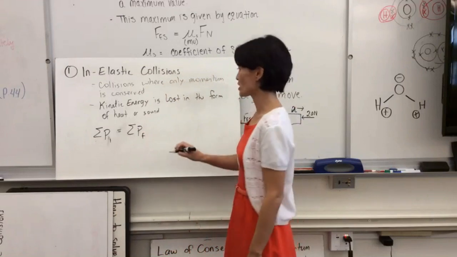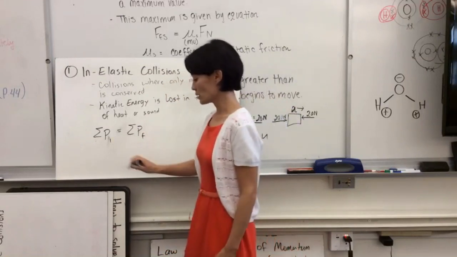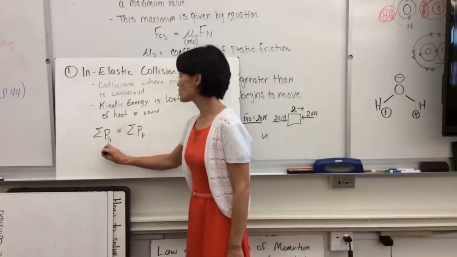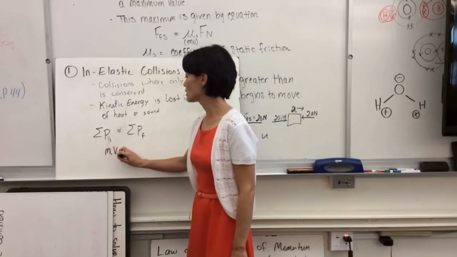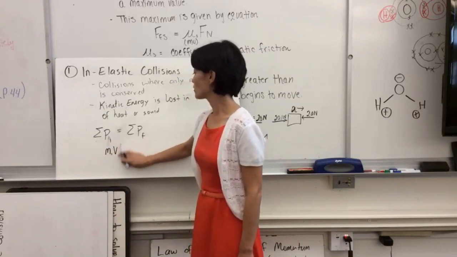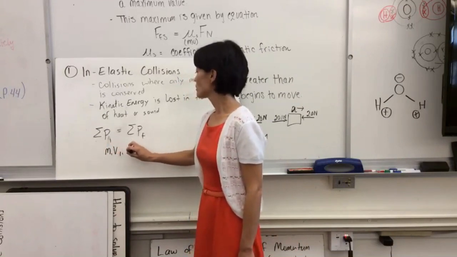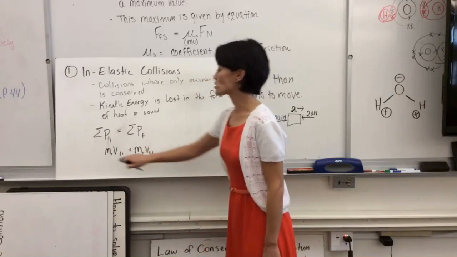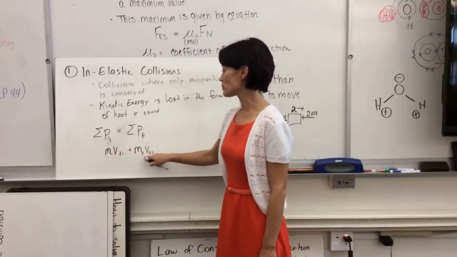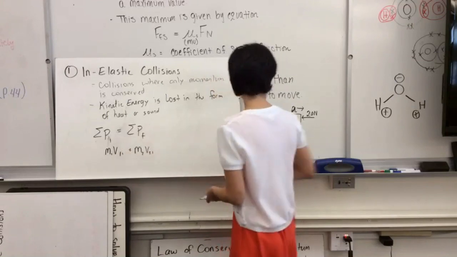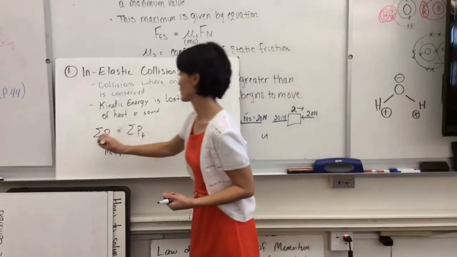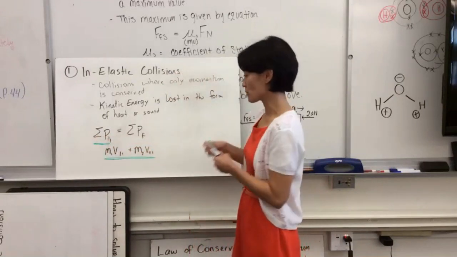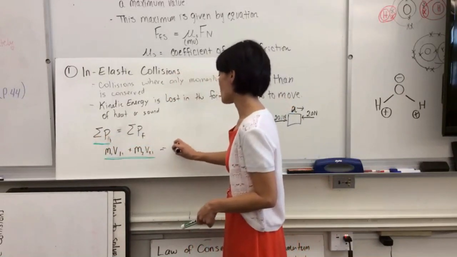Let's say you have two objects and they're both moving to begin with. You could say that the initial momentum of car 1, plus the momentum of car 2 to begin with. So this is M1 V1 initial plus M2 V2 initial. That's the sum of my initial momentum, and that has to be equal to the sum of my final momentum.